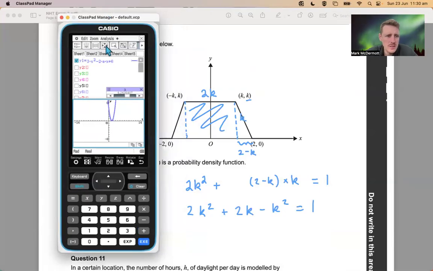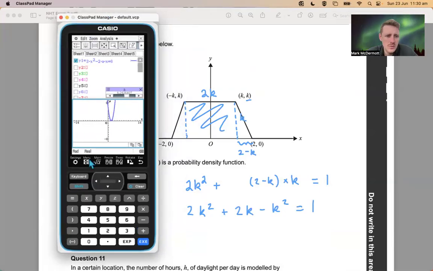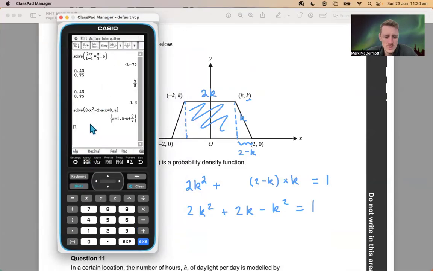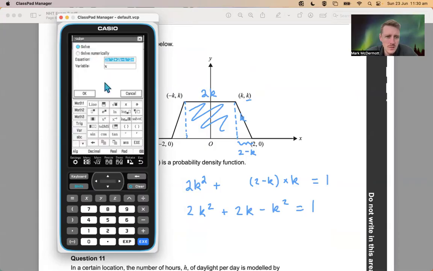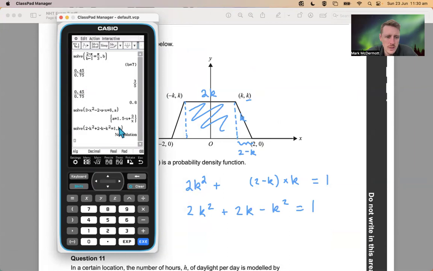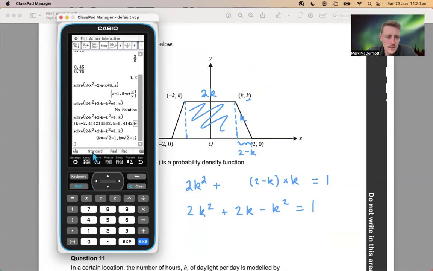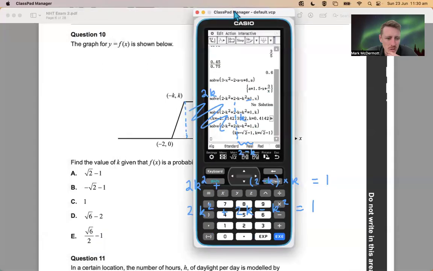If I do 2k squared plus 2k minus k squared equals 1, interactive, advanced, solve. I need to solve for k, not x. Okay, there we go.